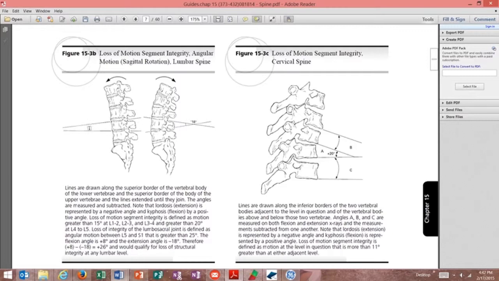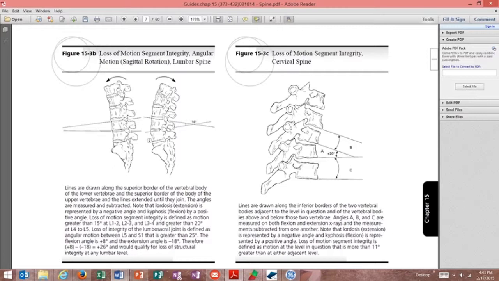Flexion angular measurements are positive measurements when our angular lines converge anteriorly. Notice that these lines are converging anteriorly. They're diverging posteriorly. Normally, in a normal lumbar lordosis, the angles diverge posteriorly.